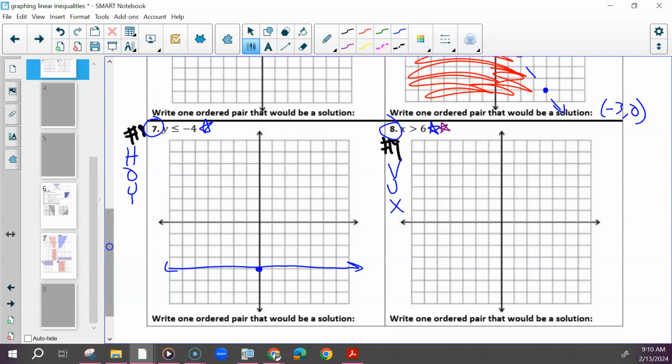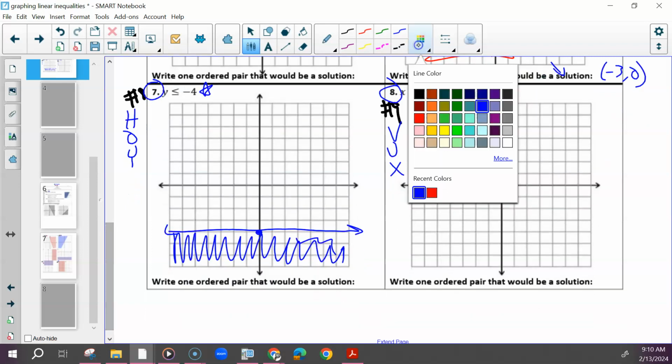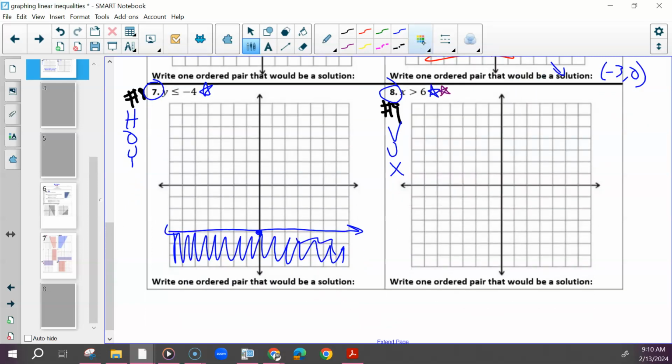And then for your y inequalities, it's really easy to see above or below. So this should be below, which would be everything down here. And then give me an ordered pair that would be a solution. -6.